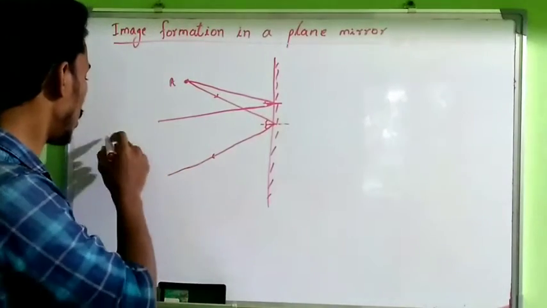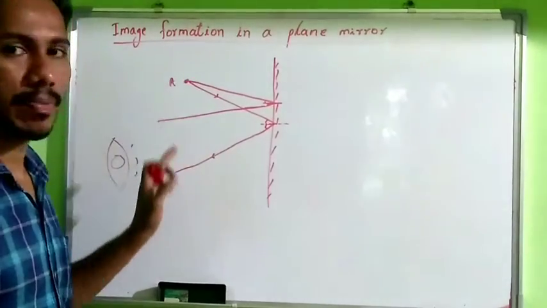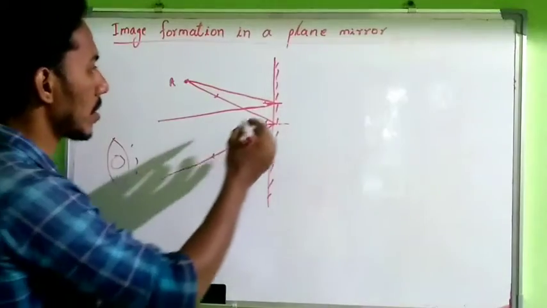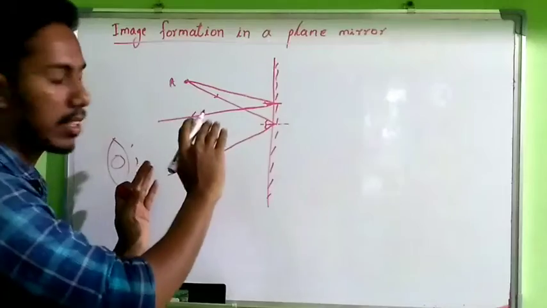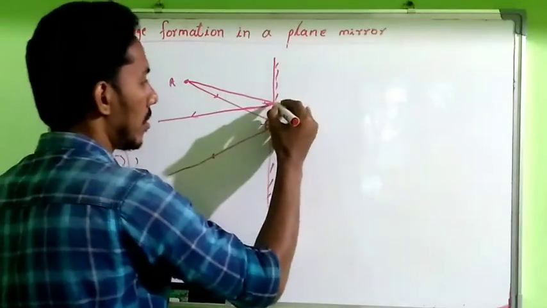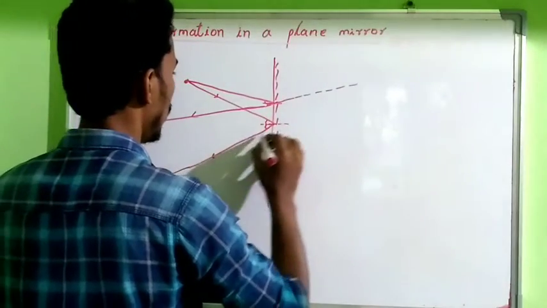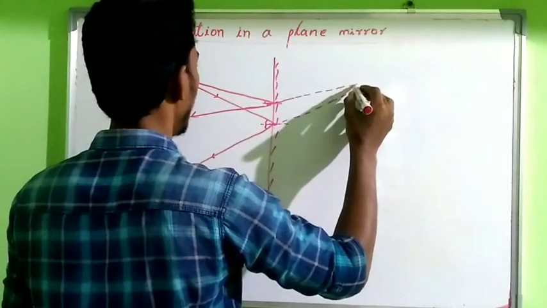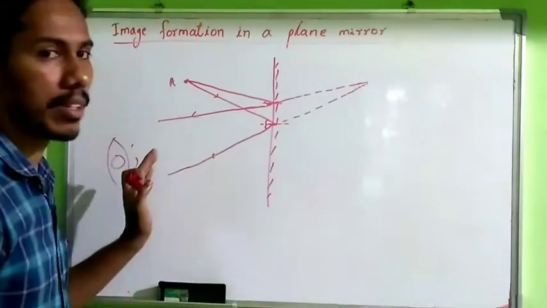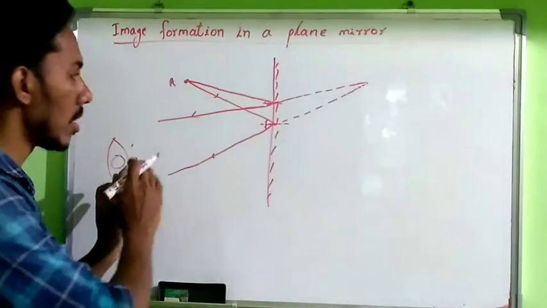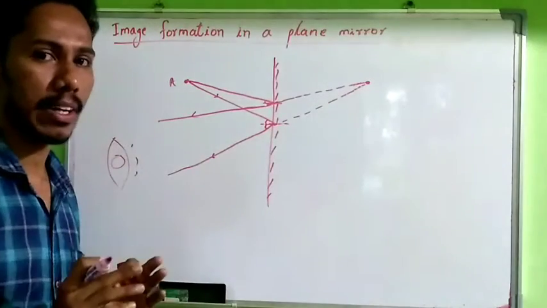Here there is a person, his eye observing this object. Okay, he is observing this object. He can see this object behind the mirror in this way. This way, this observer sees this image inside the mirror.